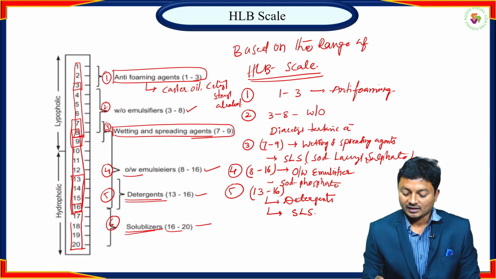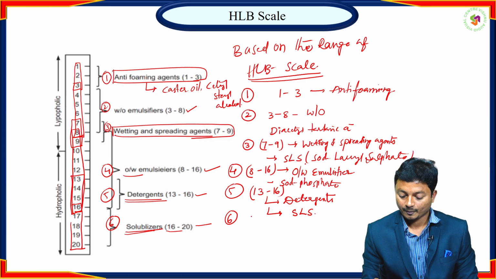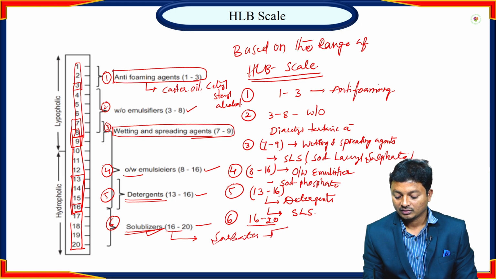And the last class of this range is 16 to 20, that is solubilizing agents or solubilizers. The examples of the solubilizer are sorbates, monosorbate class, and polysorbate.